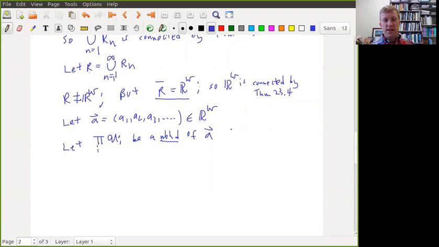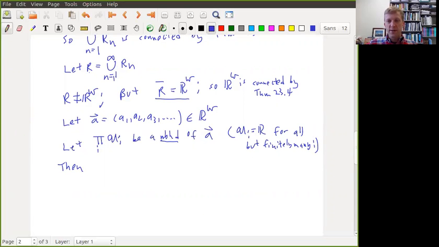So let's take a basis element that contains A. What that means is that U sub i equals R for all but finitely many i. Let's figure out how that relates to these R^n.